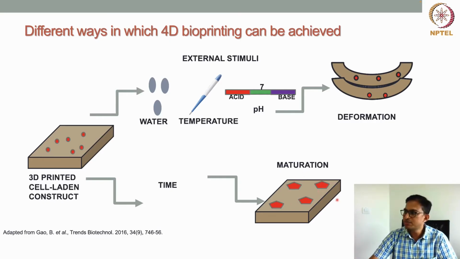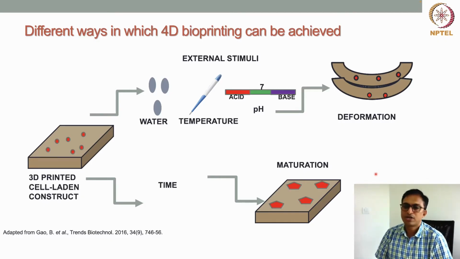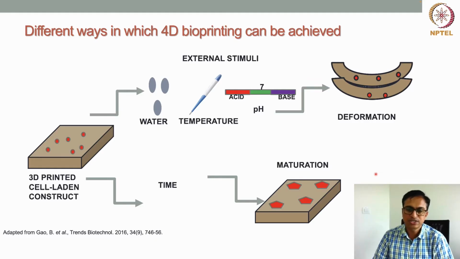So 4D bioprinting can also happen based on tissue maturation. All these things can come under 4D bioprinting. If any of these strategies has been used for 3D printing and then there are post printing changes, those studies can also qualify for 4D bioprinting.